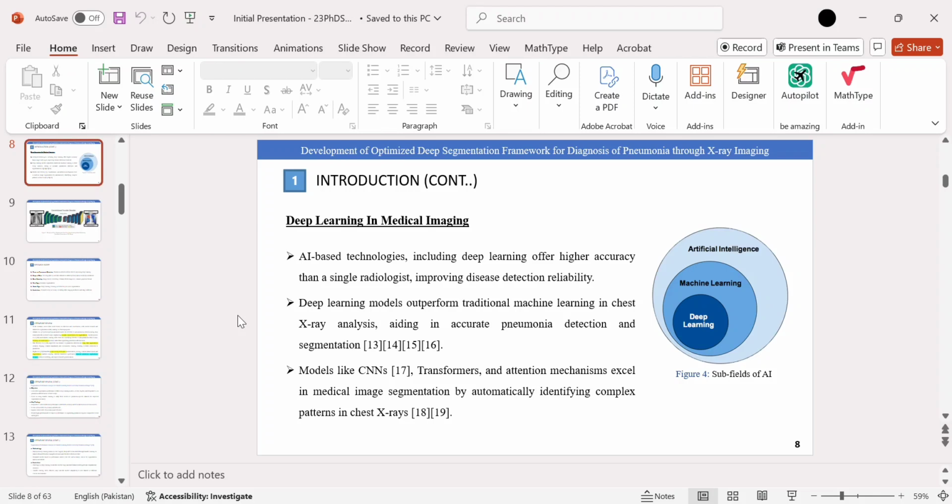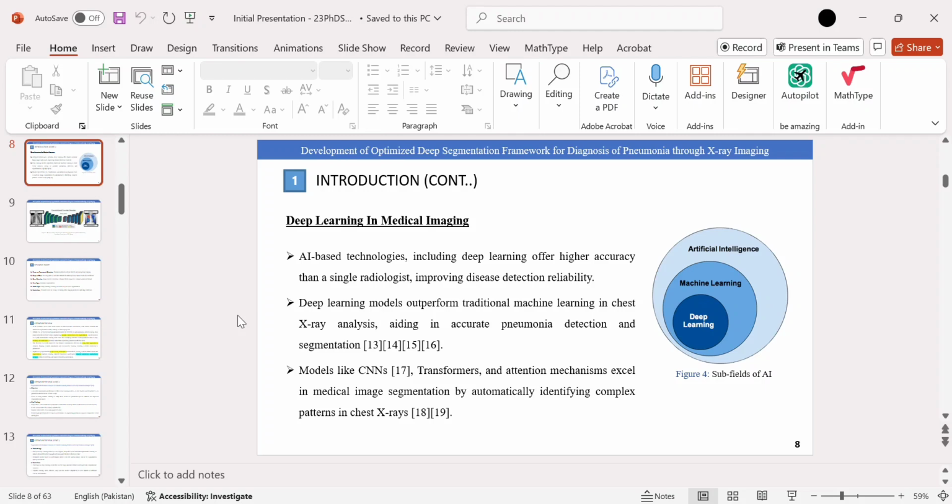The first question, why not machine learning: it requires manual feature engineering, it struggles with spatial dependencies, and it is less effective for pixel wise segmentation. That's why we are using deep learning, because it enables automatic feature extraction, pattern recognition, and end-to-end learning, making it more suitable for pixel wise tasks.